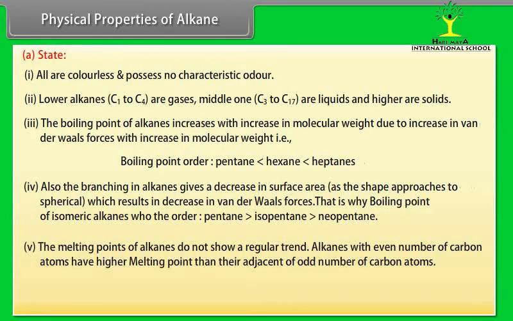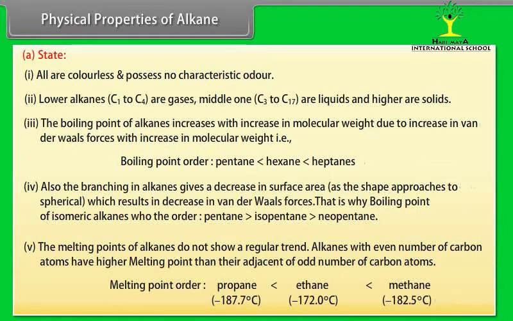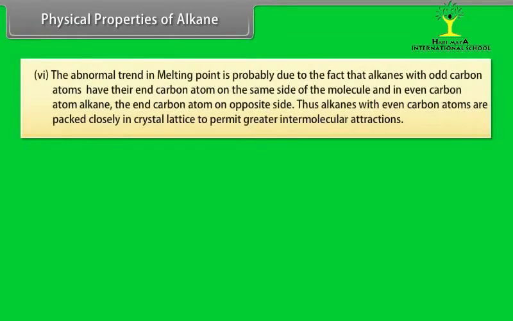Number 5. The melting points of alkanes do not show a regular trend. Alkanes with an even number of carbon atoms have higher melting points than their adjacent odd-numbered ones. Melting point order: propane is less than ethane is less than methane. Number 6.